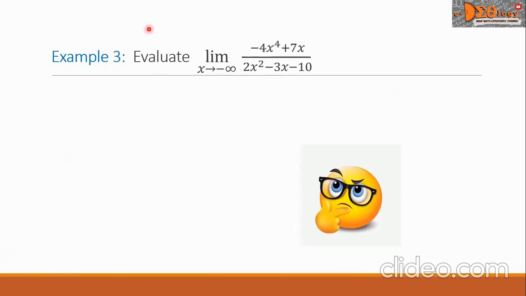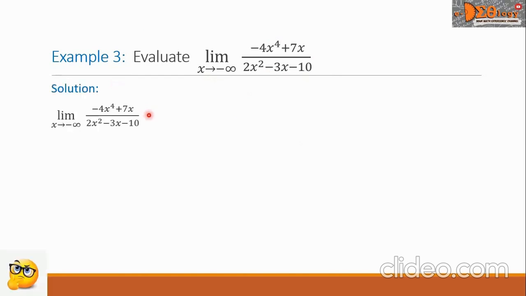Let's have example 3. Evaluate the limit of negative 4x raised to 4 plus 7x all over 2x squared minus 3x minus 10 as x approaches negative infinity.